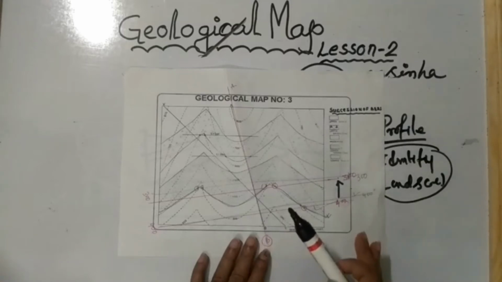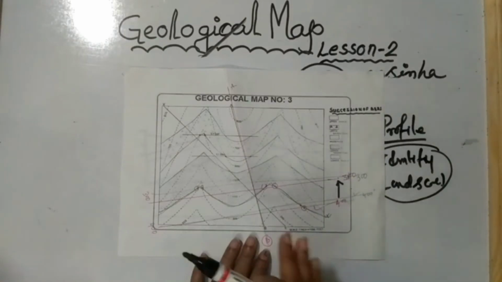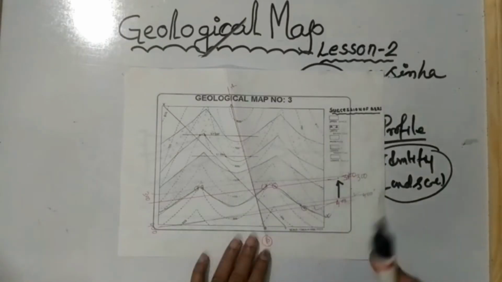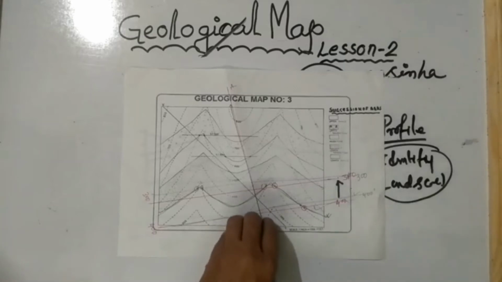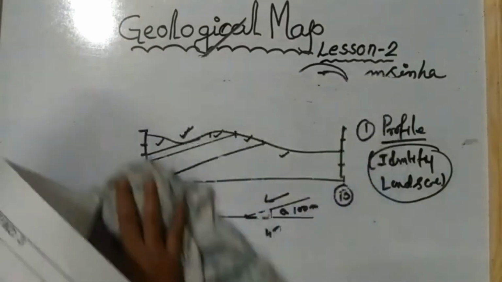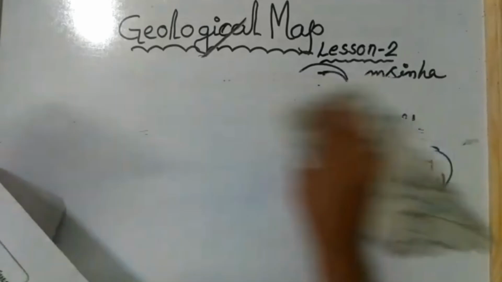In that case, suppose this map is not that kind of map. Suppose all contours are running parallel to the beds. In that case, all the beds are horizontal beds, and the dip is 0 degree. I told you in the last class that dip varies from 0 degree to 90 degree.